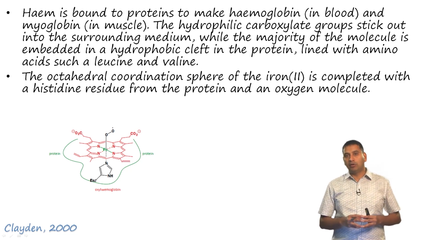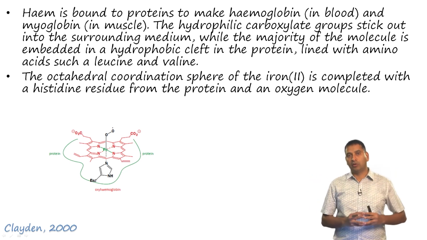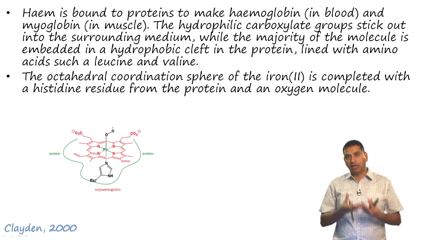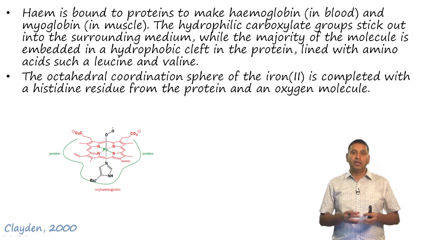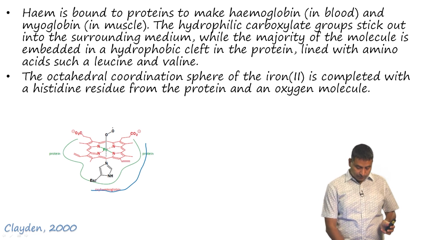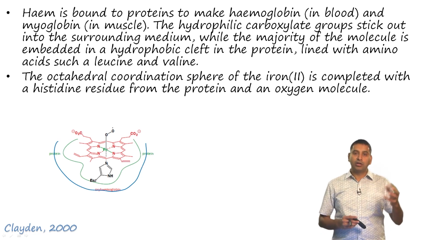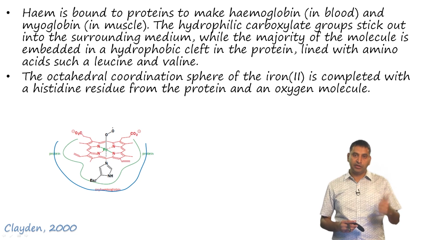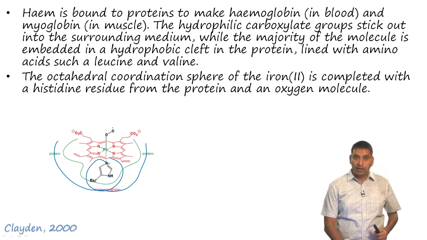The hydrophilic carboxylate groups stick out into the surrounding medium, while the majority of the molecule is embedded in a hydrophobic cleft in the protein, which is lined with amino acids such as leucine and valine. The octahedral coordination sphere of iron 2 is completed with a histidine residue as shown here and an oxygen molecule which is shown here.